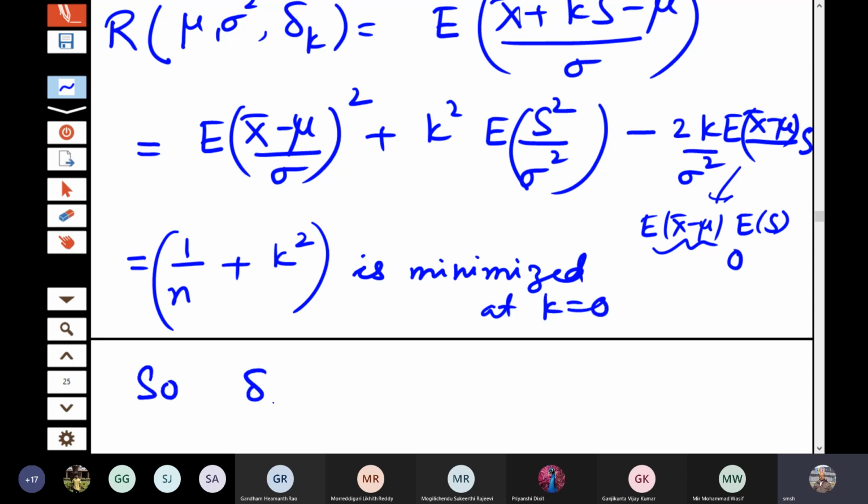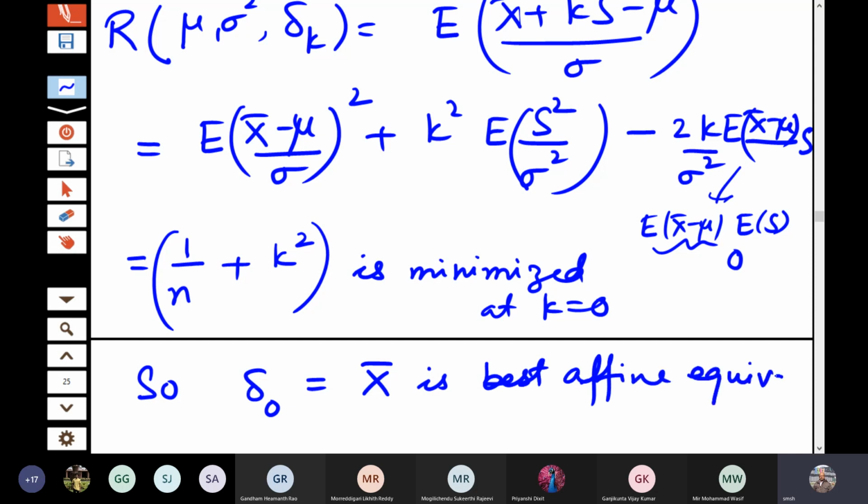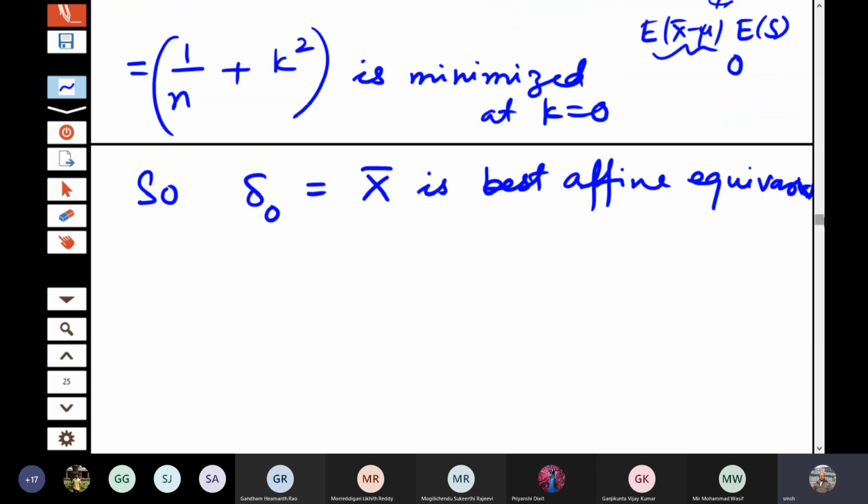So delta 0, that is x bar plus k s with k equal to 0, means it is x bar. So this is also the best affine equivariant estimator. So in the estimation of the mean of a normal distribution, in some sense x bar remains a very good estimator because it is satisfying so many properties. Best affine equivariant estimator of mu.